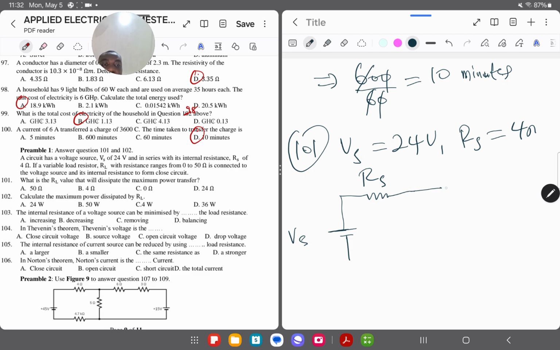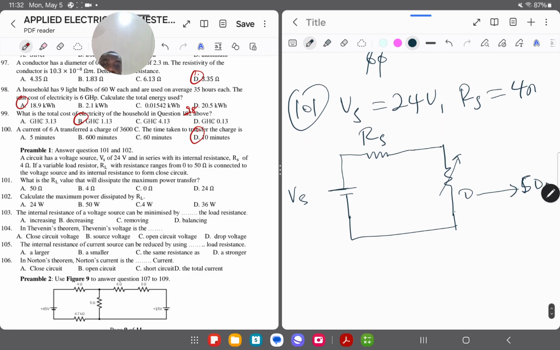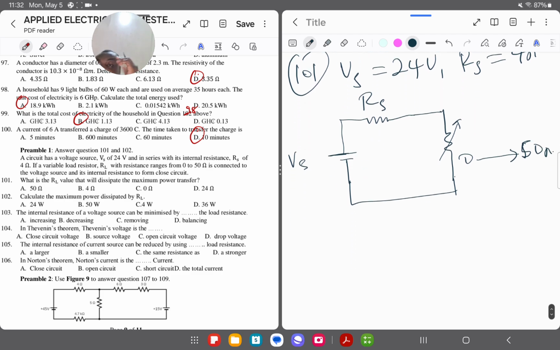Now you connect to this a load resistor, and this is a variable load, so meaning you can adjust the resistance within a range, and the range here is 0 to what? 50 ohms. Now that's the preamble.